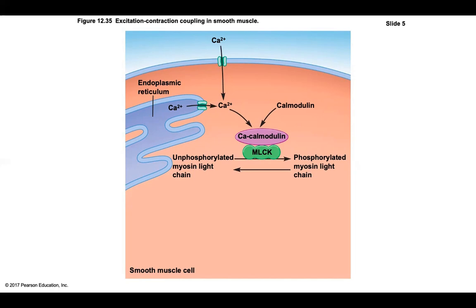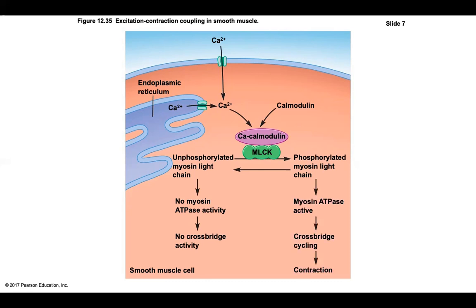So this can go in forward or reverse directions by this enzyme MLCK. If we have the unphosphorylated myosin head, we have no myosin ATPase activity, no cross-bridge cycling, and no muscle contraction. If we do have the myosin head phosphorylated, we then see cross-bridge cycling and muscle contraction.